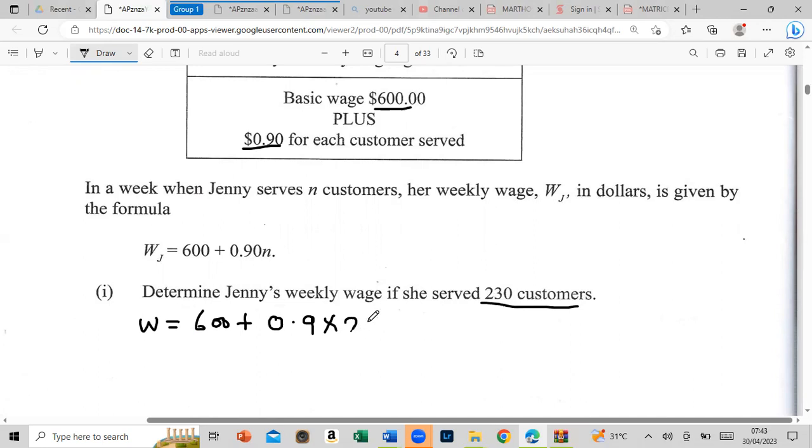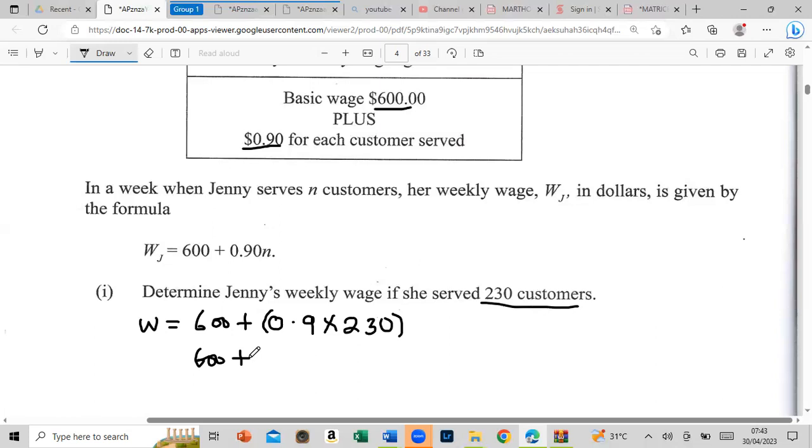So if you serve 1 customer, you get 90 cents for the week, in addition to the $600. So let's multiply first. Remember this is a fixed amount where you get the addition. The 90 cents is like commission, so you get a 90-cent commission.